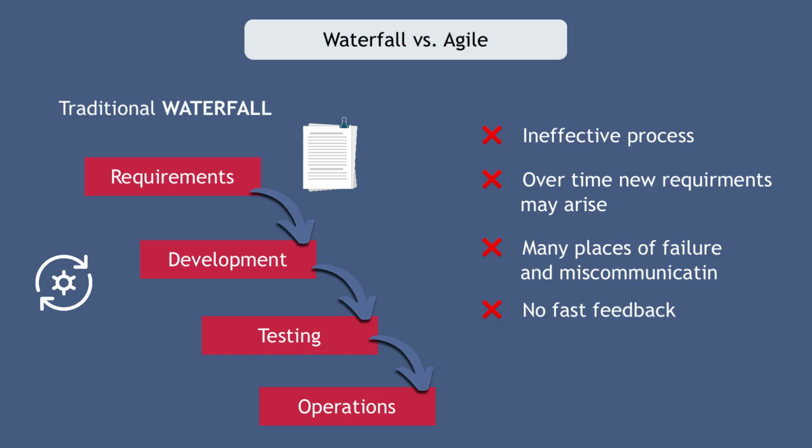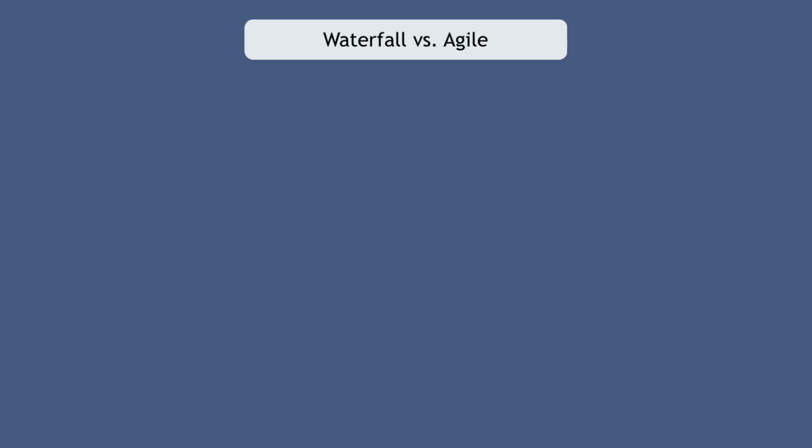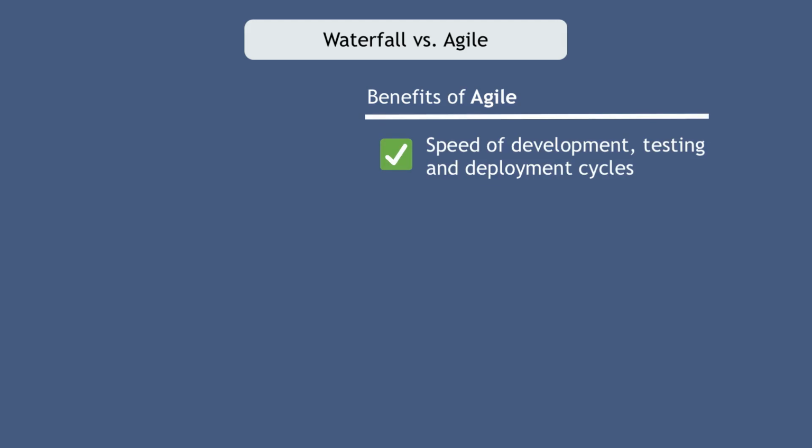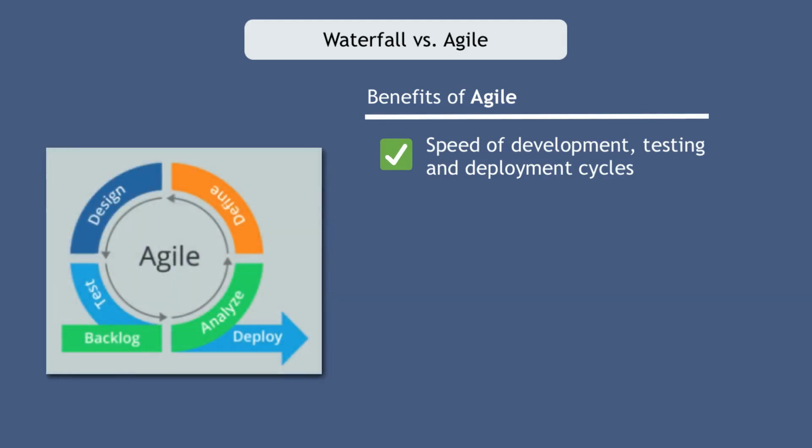So as an alternative to the waterfall method, a very extreme methodology was developed, which you probably heard of, which is called Agile methodology for software development, which is actually pretty popular and is becoming increasingly popular across organizations and companies. And the main benefit, the thing that it solves, is the speed of development, testing, and deploying cycles.